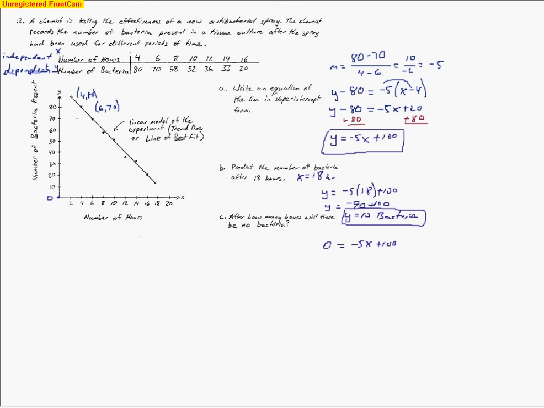So I've got to do some opposite operations here. I'll subtract 100 from both sides, and I've got negative 100 equals negative 5x. So when I divide by negative 5, I end up canceling out those negative signs, and that leaves me with 20 equals x. So 20 hours.